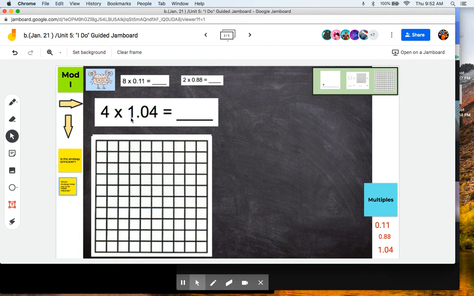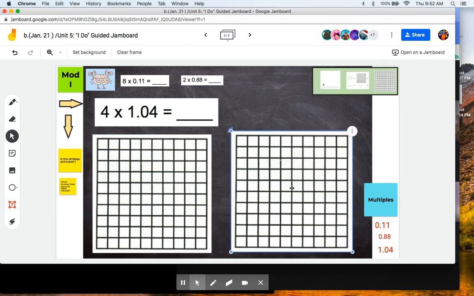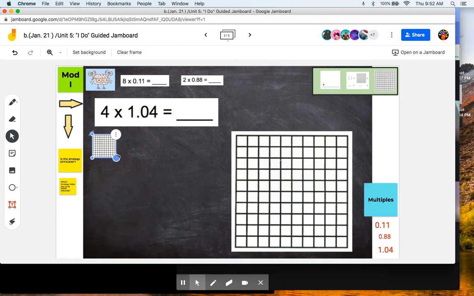Now, since I know I have a whole number and a decimal, I know automatically I am going to have more than one grid.